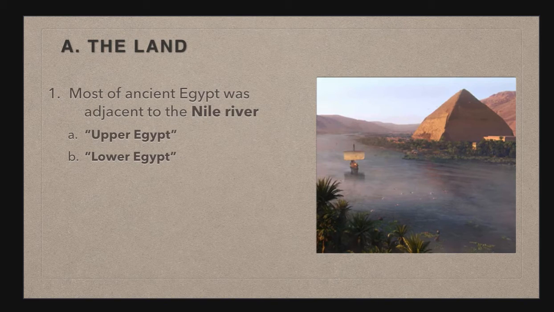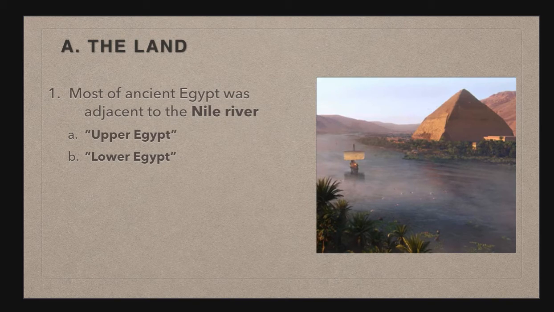And so as they saw the flow of the river, and because the river was so important to their society, Upper Egypt was in the south, and Upper Egypt was part of the beginning of the river. Lower Egypt would be part of the end of the river near the delta that came out in the Mediterranean.